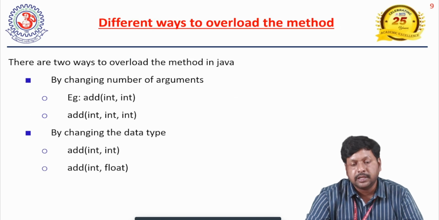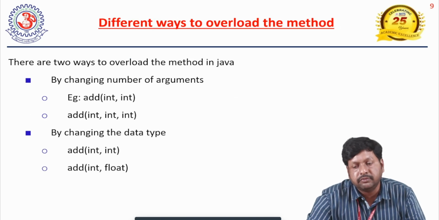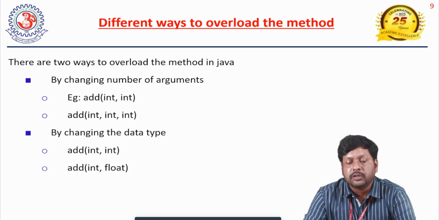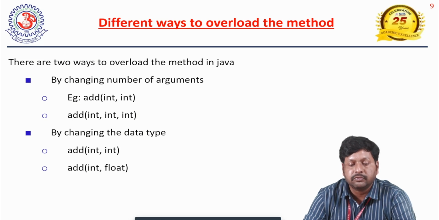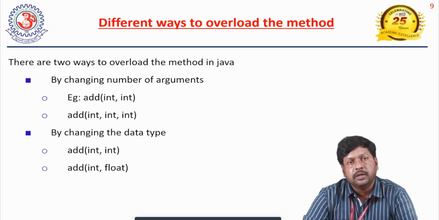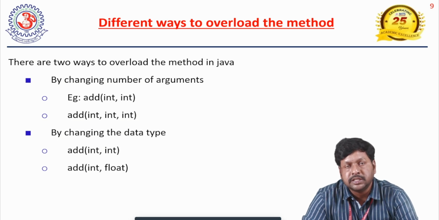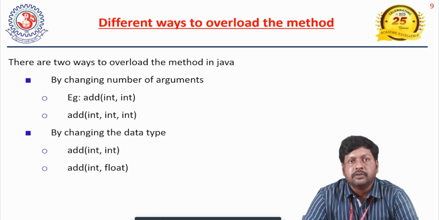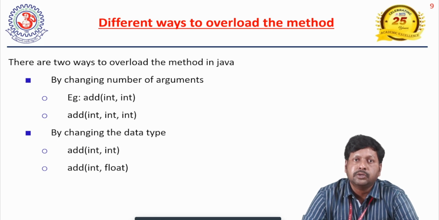Next one. What are the valid cases? These are the different ways to overload a method. In the first case, by changing the number of arguments. In the first example, add int comma int, that means here I am passing two integer parameters. What is the second way? Add. What is the method name? Add.